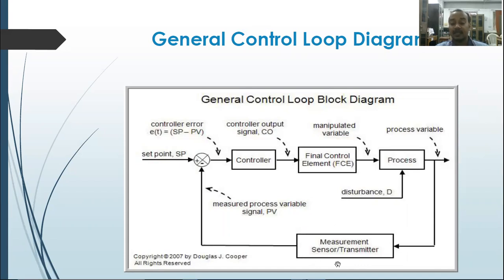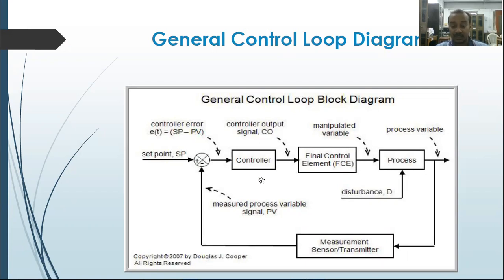It measures the parameter of the process and gives it to the summation block in which the set point is given. The set point is provided by the operator from the control room and is validated in this summation block. If there is a mismatch, an error will be generated.